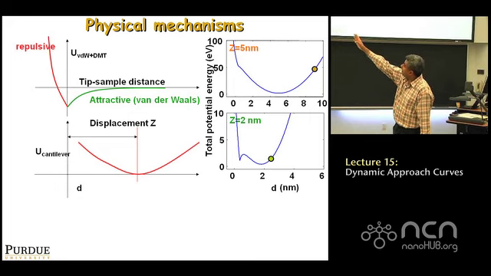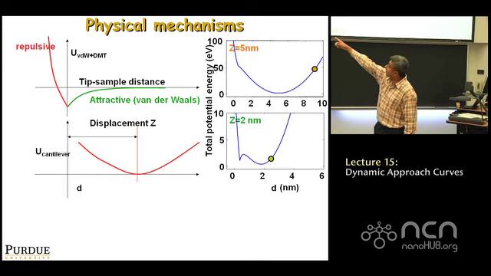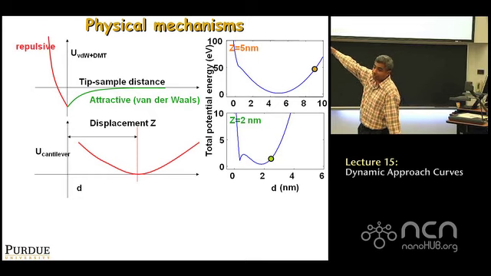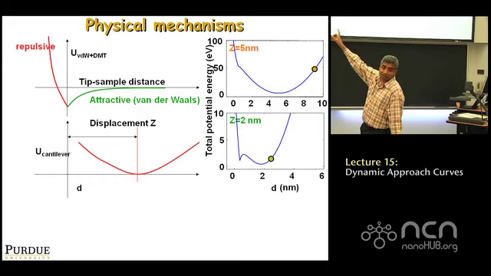But as the oscillations on the left side approach the sample, you get an additional term due to the potential energy of the van der Waals and the repulsive interactions. So that on the left side of this potential landscape, you're distorting the quadratic potential well by the potential well of the tip sample interactions. Do you guys see that?